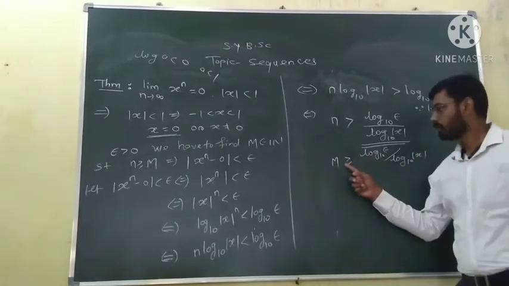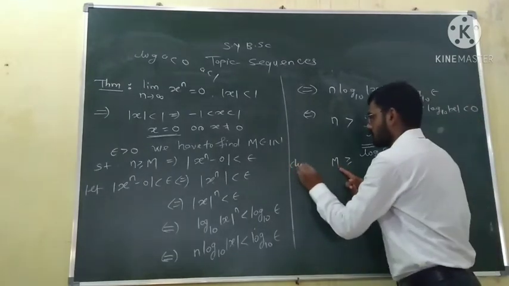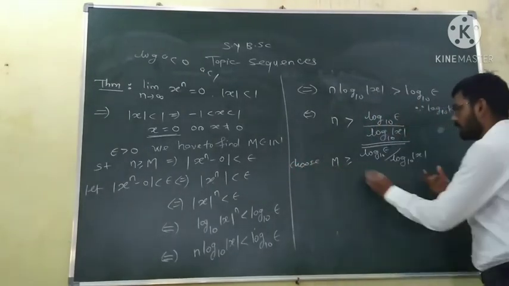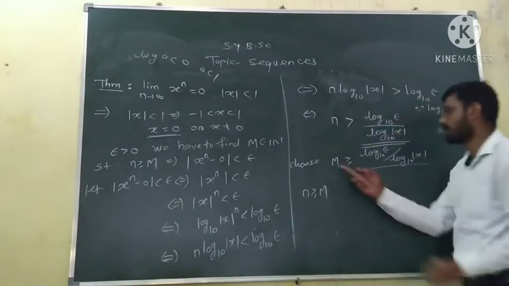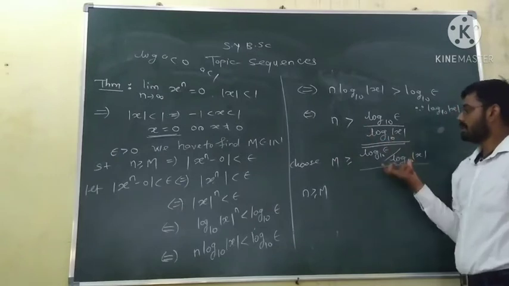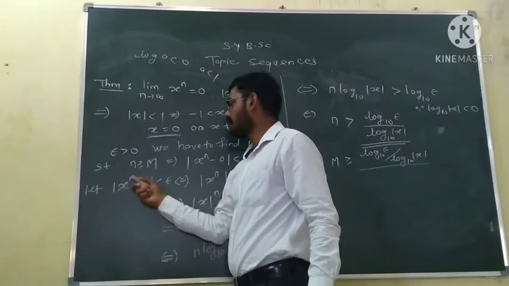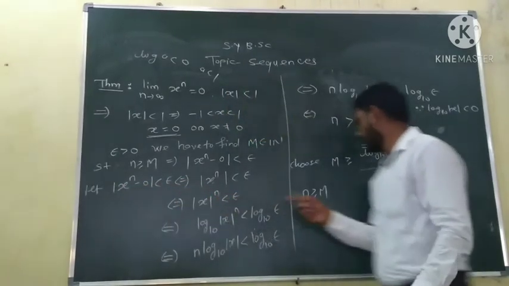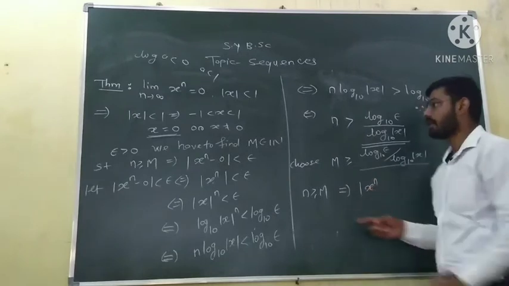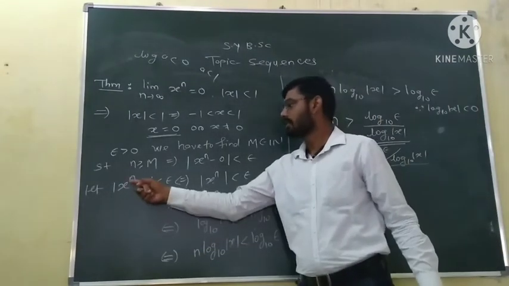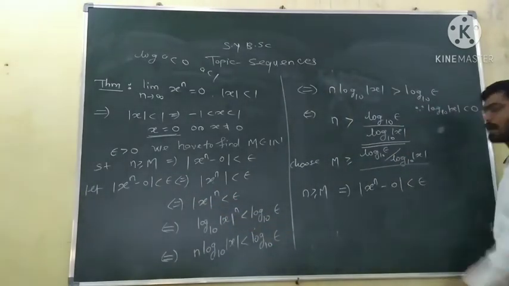So if we choose m greater than or equal to this value, then whenever n is greater than or equal to m, we get the difference between our sequence x to the power n and the limit 0 less than epsilon.